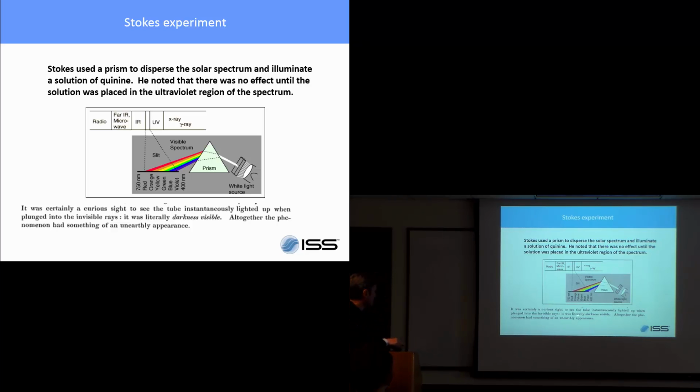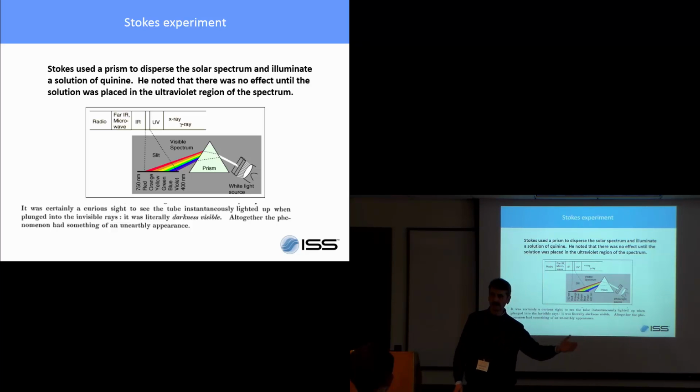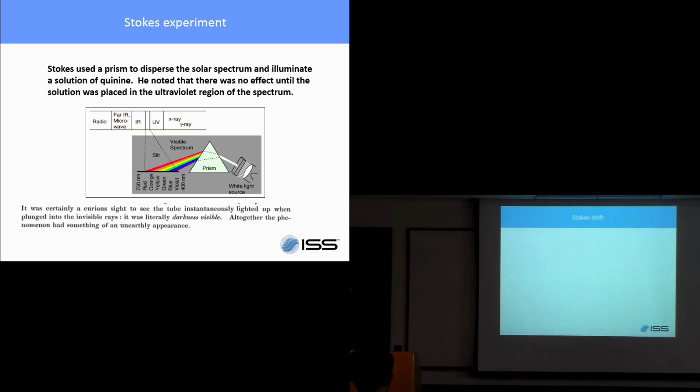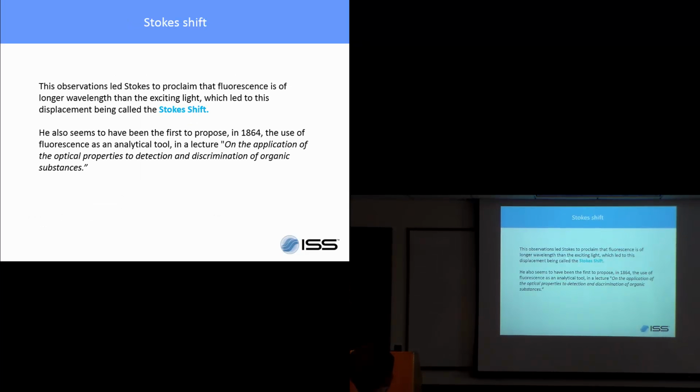And in fact, this was his observation in the paper. So he understood that the fluorescence typically occurs at wavelengths which are longer than the excitation. And this phenomenon, we call it the Stokes shift today.